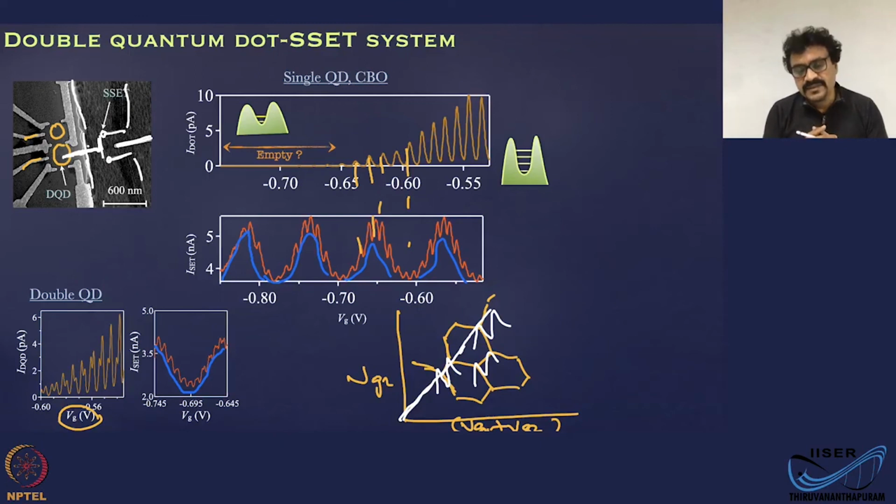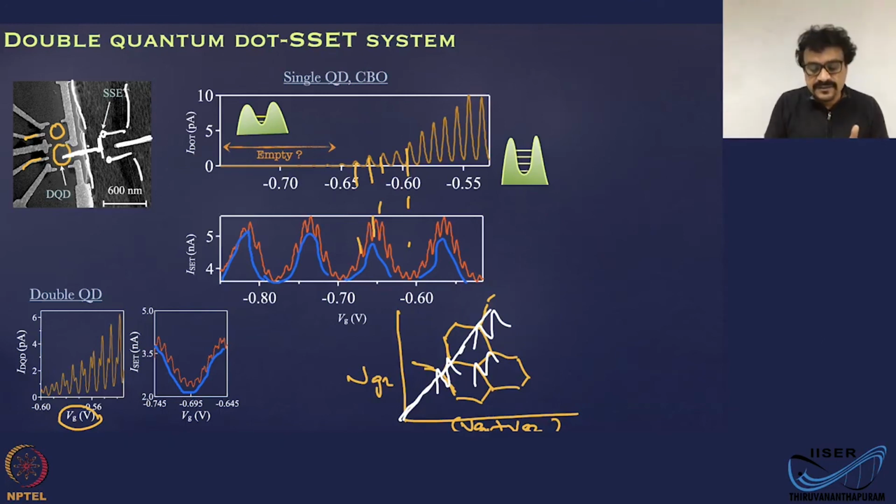But at the same time, this single electron transistor comes with an extra expense, that is, these are separate systems, and these have a lot more gates. They are very sensitive because they are another Coulomb blockade device, as opposed to the quantum point contact, which has a very large linear regime.